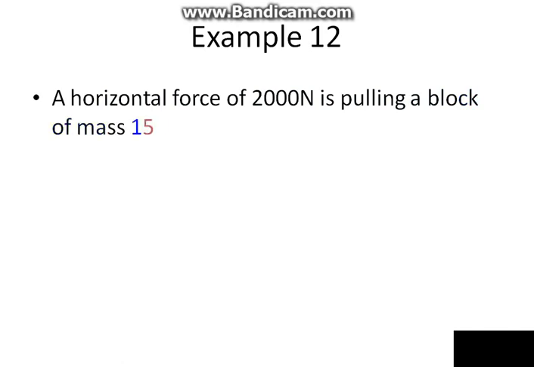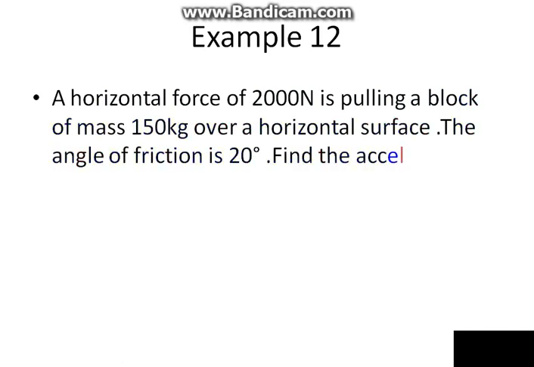Example 12. A horizontal force of 2000 Newton is pulling a block of mass 150 kg over a horizontal surface. The angle of friction is 20 degrees. Find the acceleration of the block. Looking at the diagram, the limiting frictional force capital F is 2000 Newton pulling a body of mass 150 kg, and the frictional force is at an angle, that is the small f.